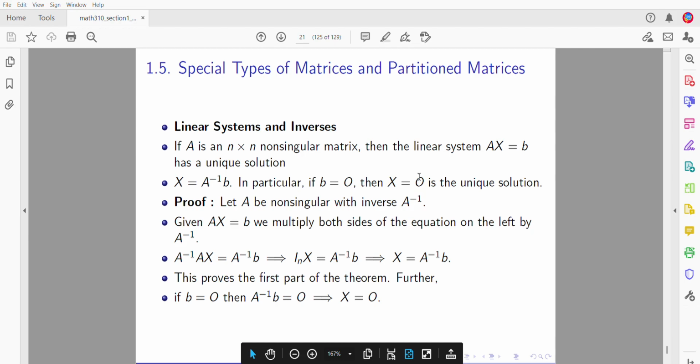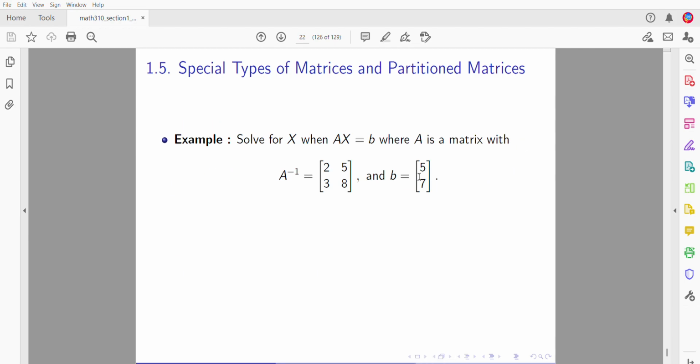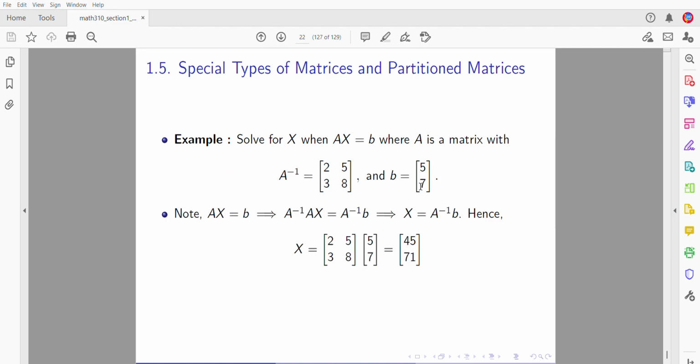Okay. An example, solve for x when Ax equals b. You are told A inverse is this, b is this. Ax equals b, how do I solve for x? Multiply on the left by A inverse, A inverse A cancels, and you have x equals A inverse b.